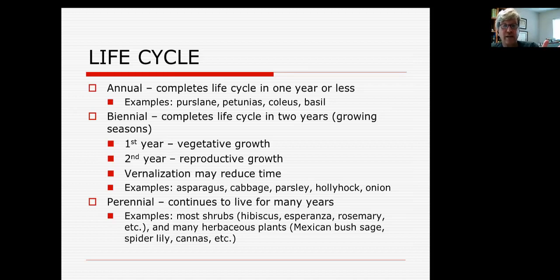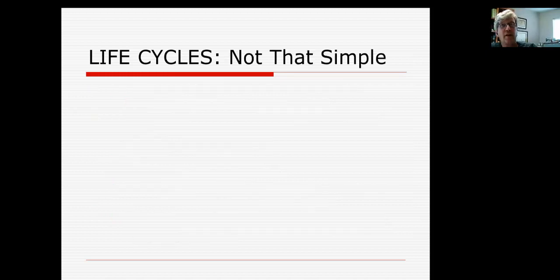That sounds great, but it's not always that cut and dried. Particularly here in South Texas, because we have very mild winters, some things that are considered annuals will live more than one year. But in most places, they're just considered annuals.